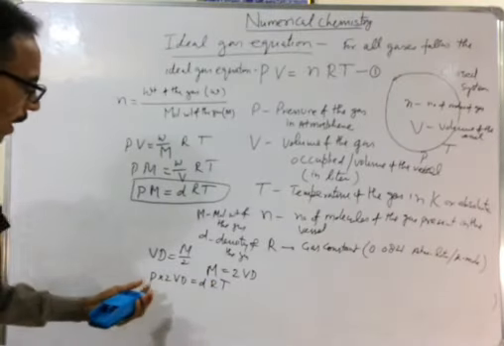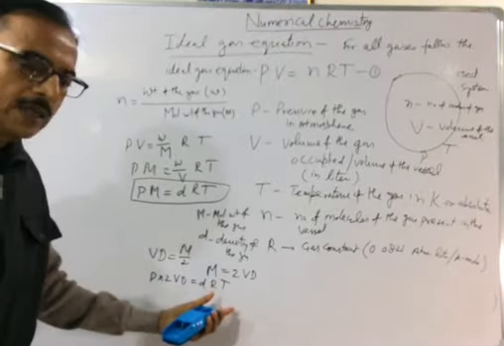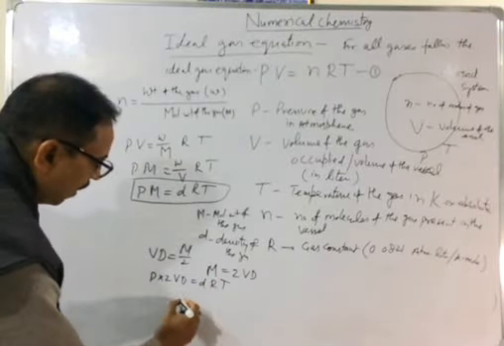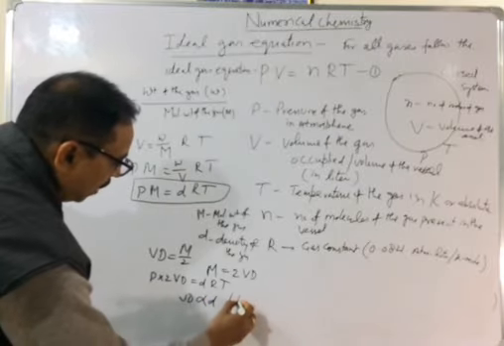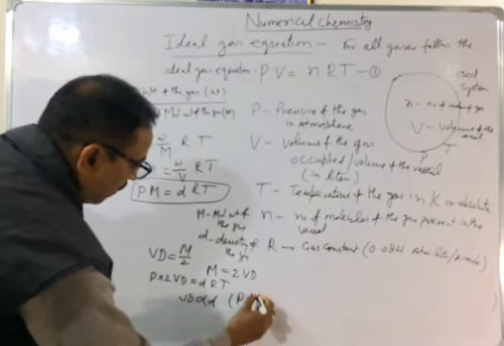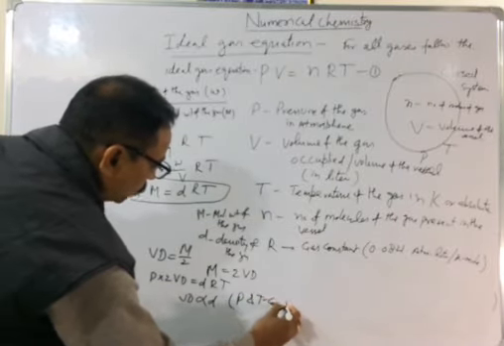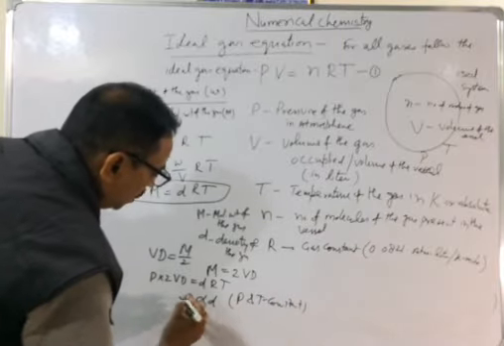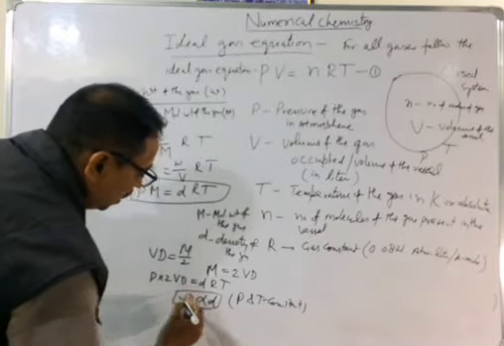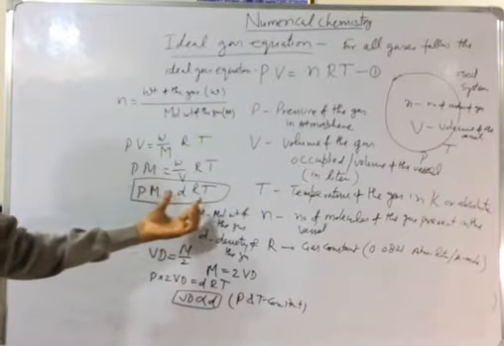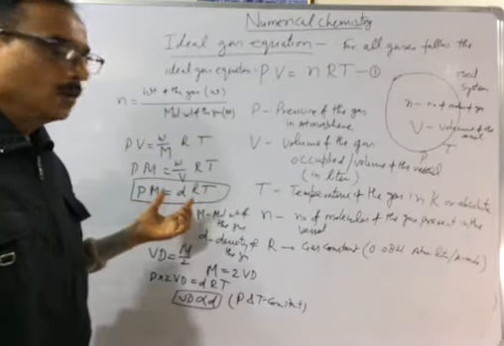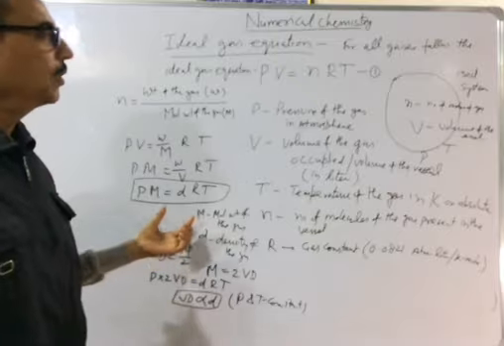So for any gas, if pressure and temperature are constant, then vapor density is directly proportional to the density. In many places this relation is directly used. So you must know PM equals dRT. It is also a form of the ideal gas equation.